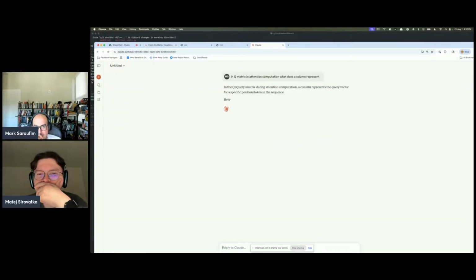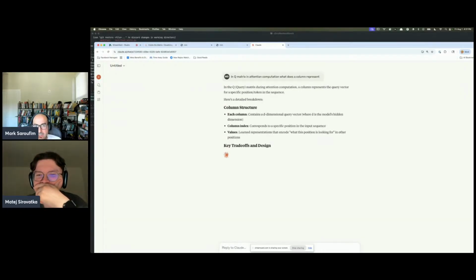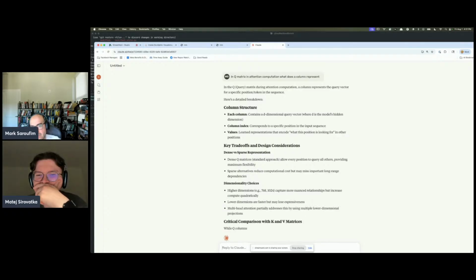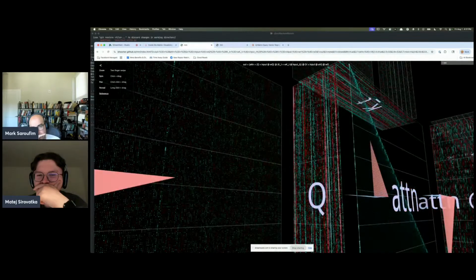I think it represents the query vector for a specific token position. So each column contains a d-dimensional query vector, and the column index corresponds to a specific position in the input sequence. Also, it's not reading tea leaves.